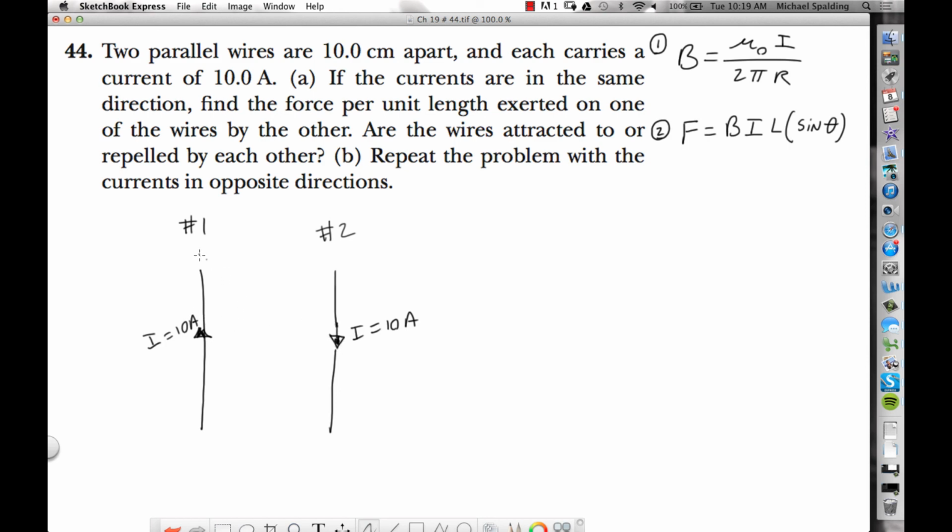If he's the source, then the force on this wire is going to be that way, and then the force on this wire is going to be that way when he's the source. So it's definitely more of a tricky problem. The way to do it, though, and I think I'm being super repetitive, is that one of the wires has to be the source of the field. The other wire is experiencing the force from that magnetic field.